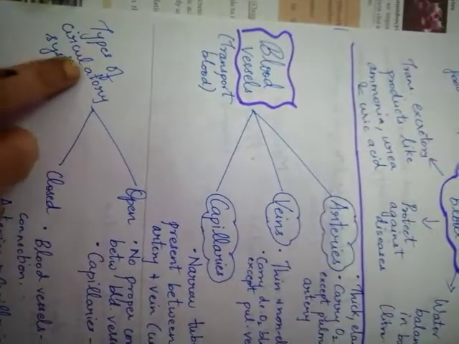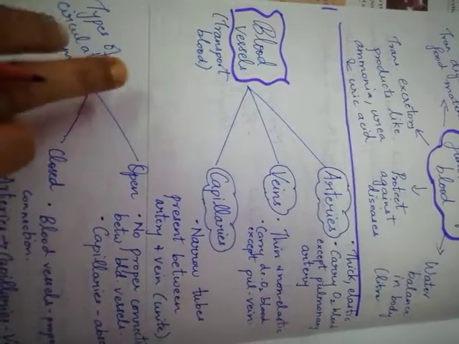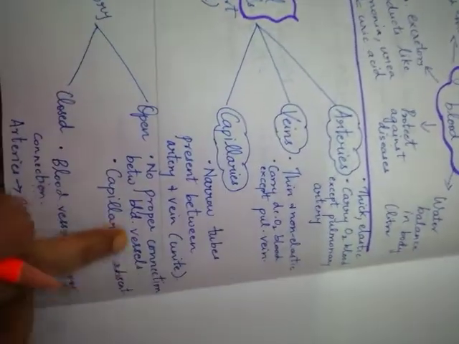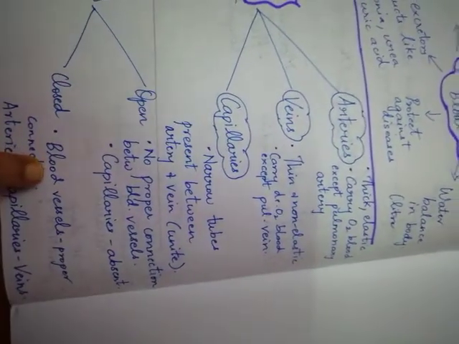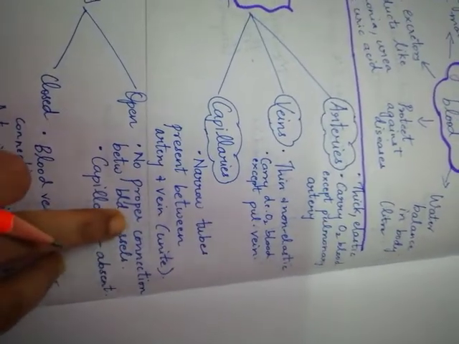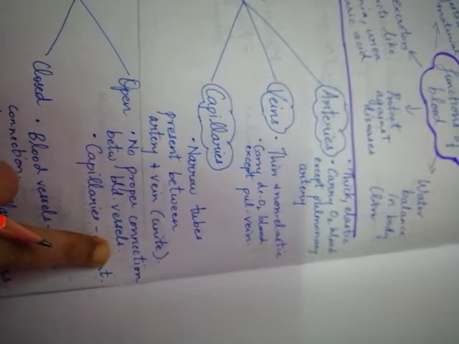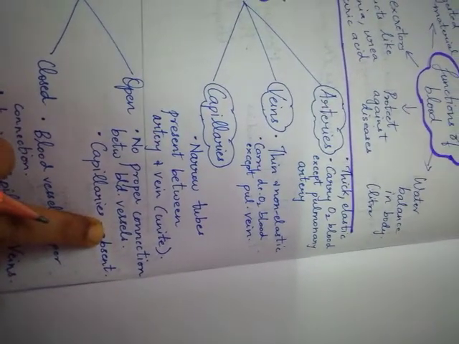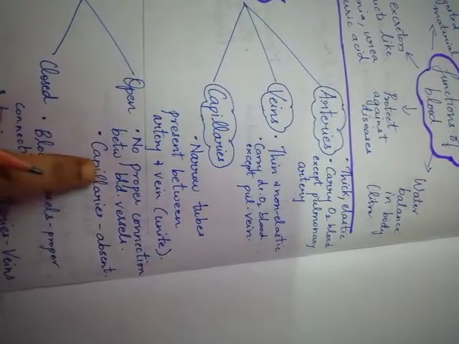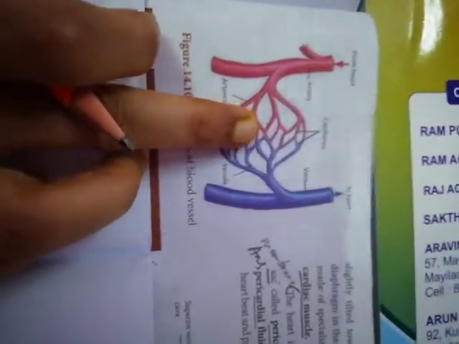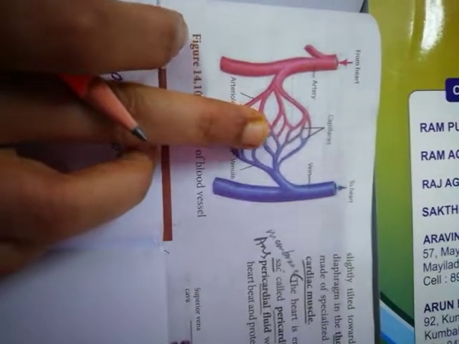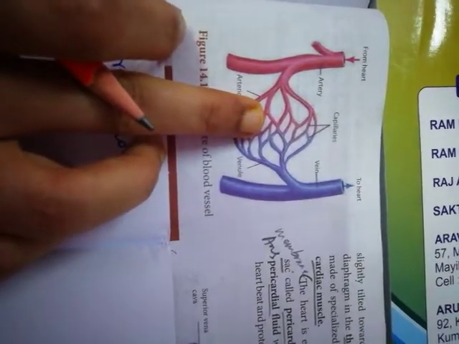And types of circulatory system. You have two types of circulatory system: open circulatory system and closed circulatory system. Coming to the open circulatory system, here you will not have any proper connection between the blood vessels. That is, the capillaries are absent here. Capillaries are present in the closed system and absent in the open system.